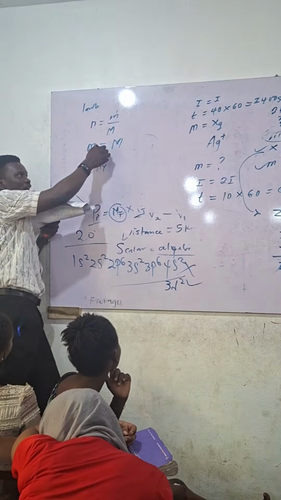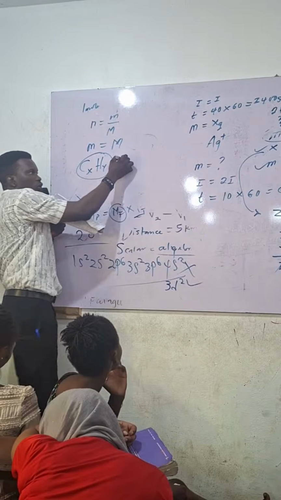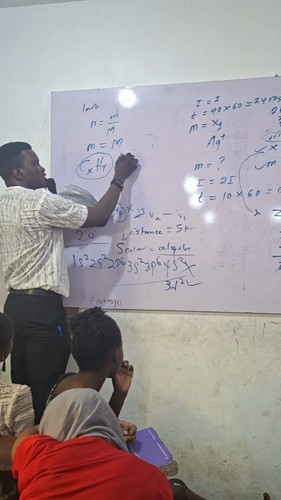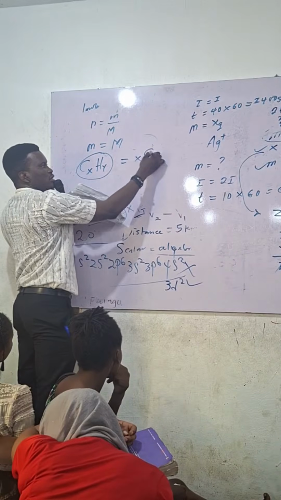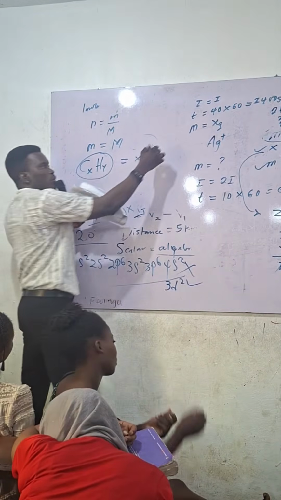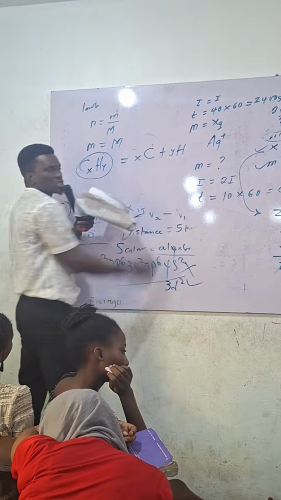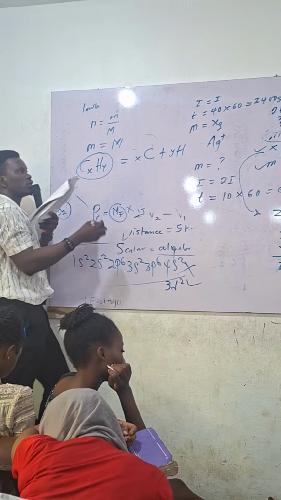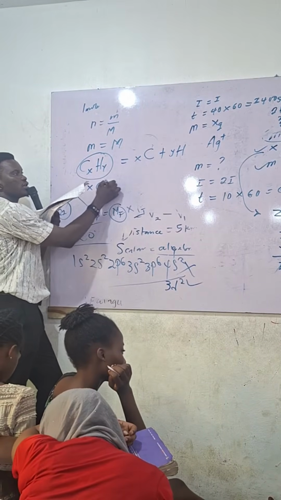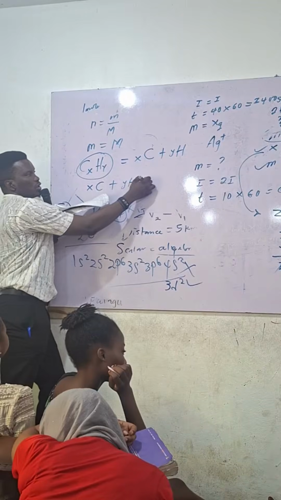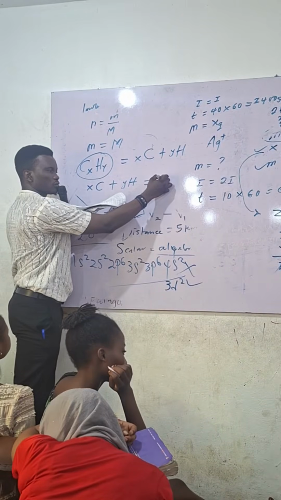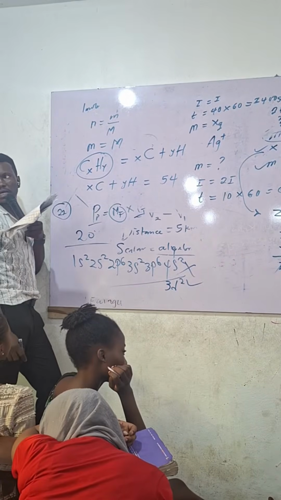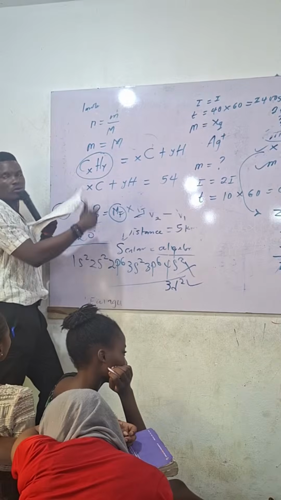The molecular mass is going to be x times C, plus y times H, so 12x plus y is going to be equal to 54, the molar mass, which is equal to the mass.